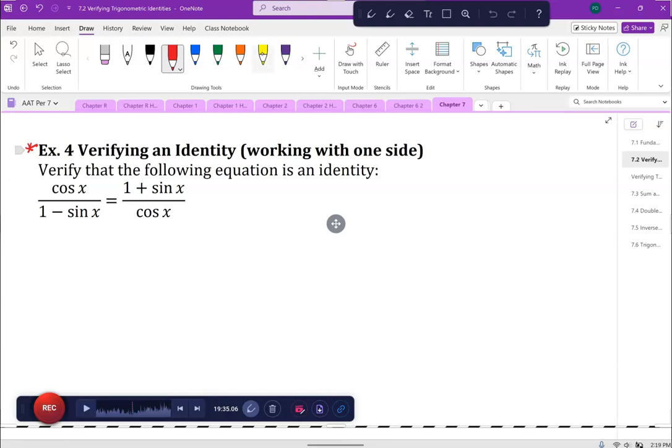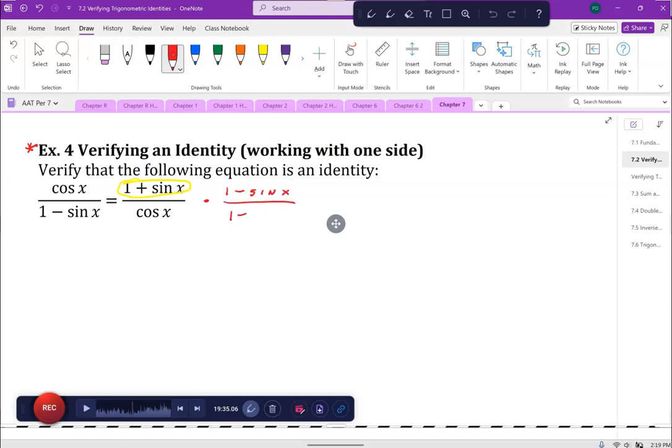And the reason I say that is it's this 1 plus sine. So this 1 plus sine is kind of a tricky thing to do. What we're going to do is multiply the top and the bottom by 1 minus sine x.